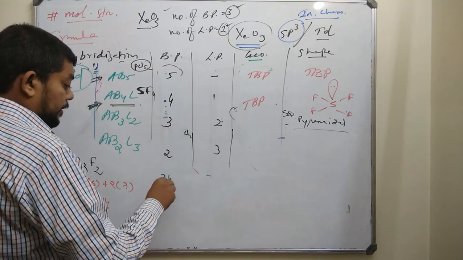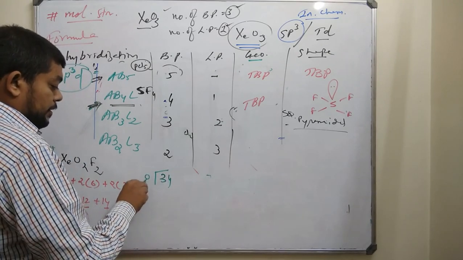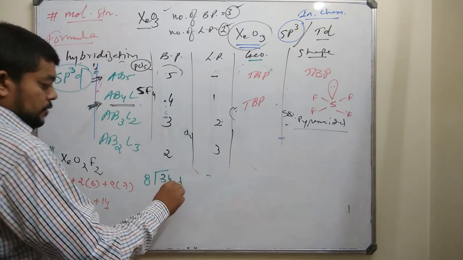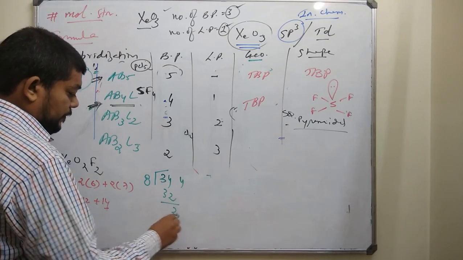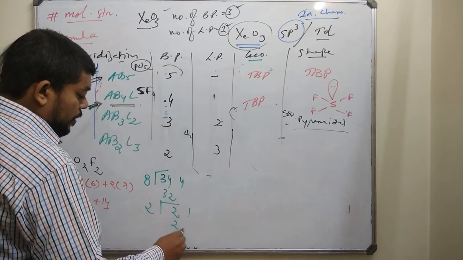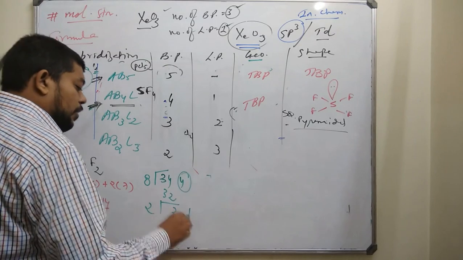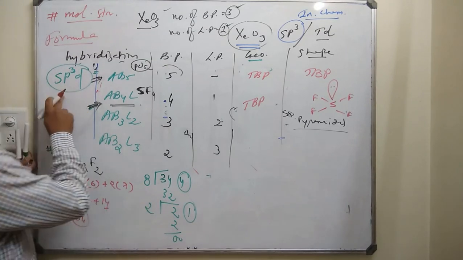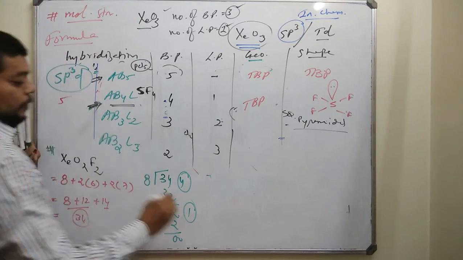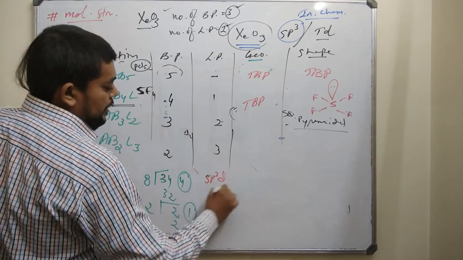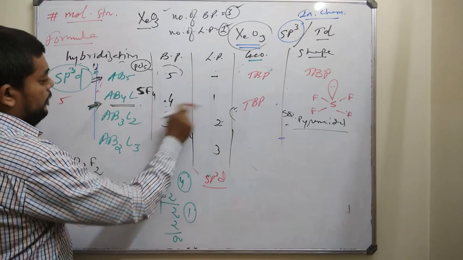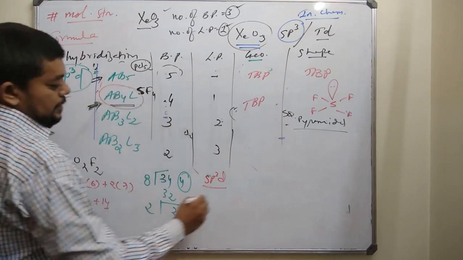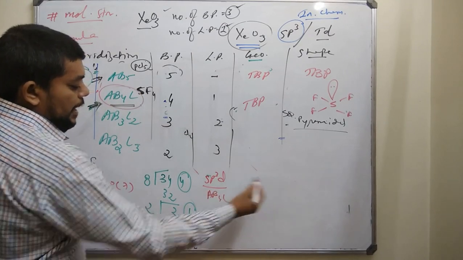Henceforth, remember very well, it is going to be divided by 8. So 8 4 times 32, you are left with 2. Again you will have 2, 1 times 2. So same combination friends, 4 plus 1, 5. When the total is 5, it is always sp3d, but when it's a combination of 4 plus 1, it is always AB4L.